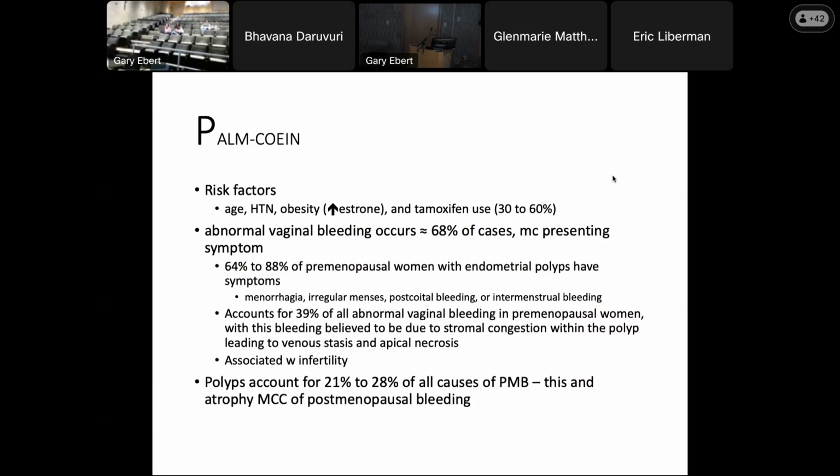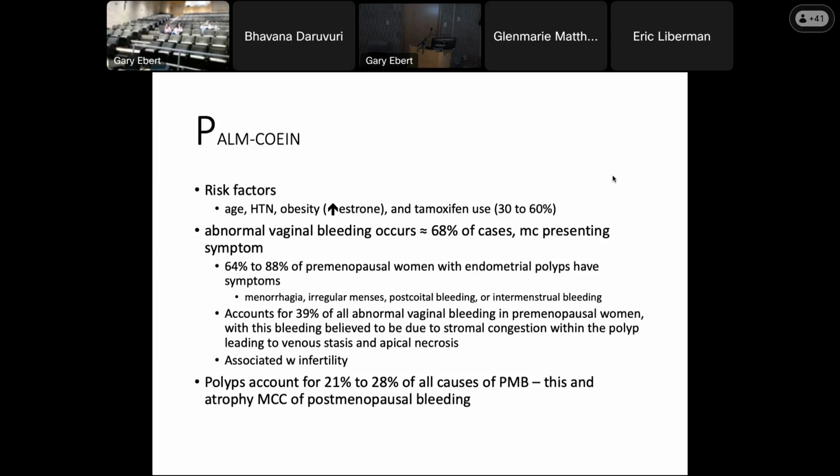Also tamoxifen use: patients with breast cancer on tamoxifen, premenopausal patients, because mostly postmenopausals will be on an aromatase inhibitor, but tamoxifen also increases the risk of polyps. Of patients with polyps, about 60 to 70% will present with abnormal bleeding. The typical symptoms are bleeding after intercourse, or bleeding or spotting between cycles.